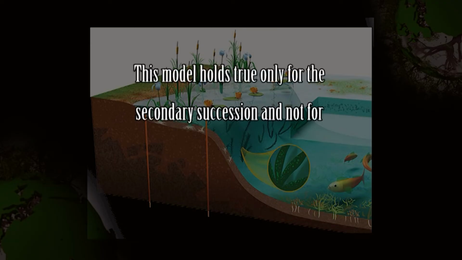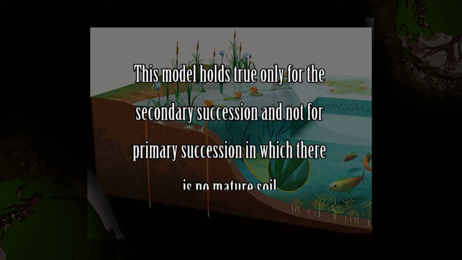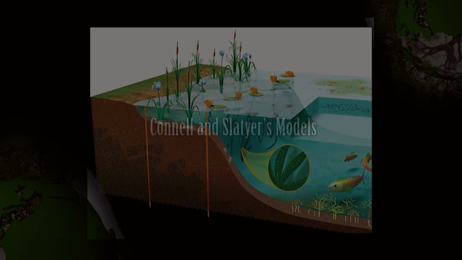According to this model, to begin with, there are short-lived plants with high relative growth rate, herbaceous perennials, rapidly growing short-lived trees, and slowly growing long-lived trees. This model holds true only for secondary succession and not for primary succession, in which there is no mature soil.